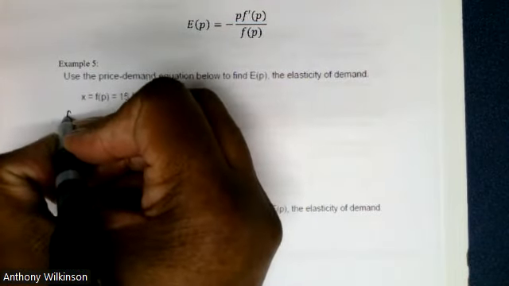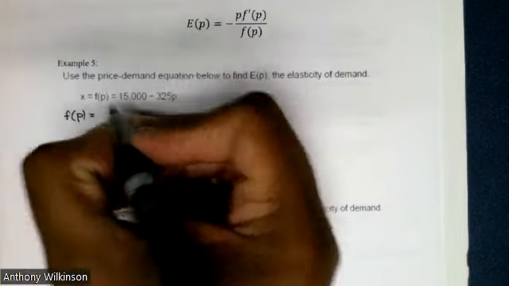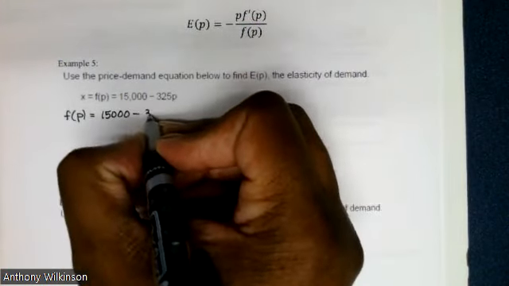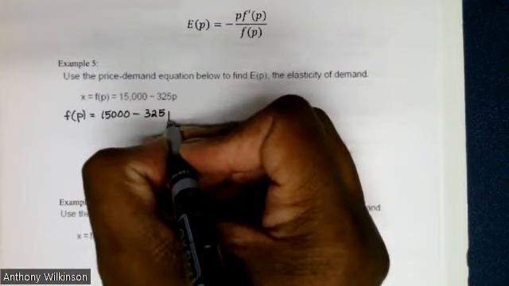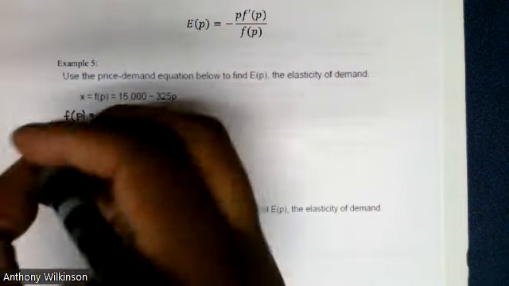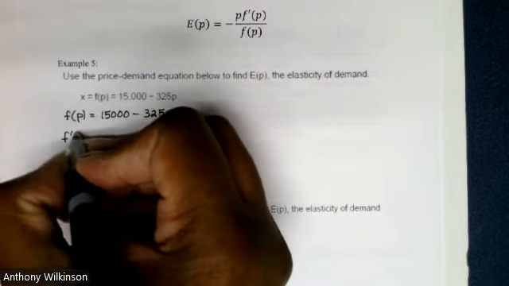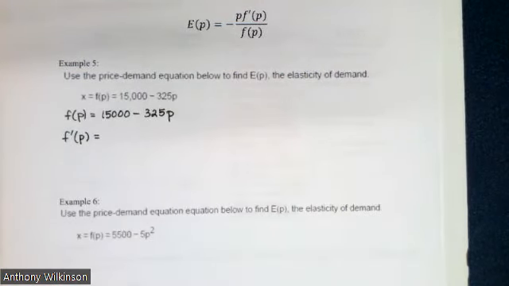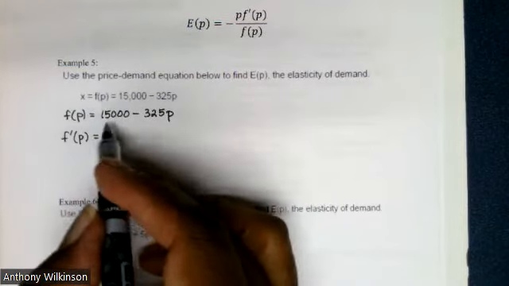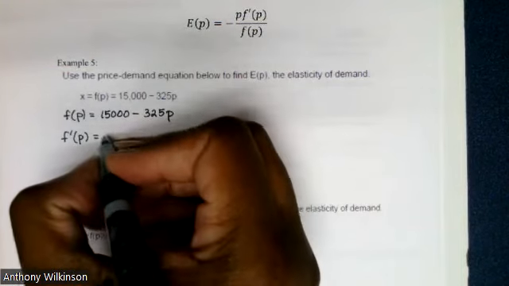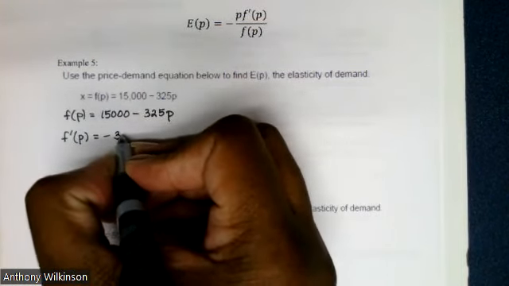So I'm just going to write this first as f of p, which is 15,000 minus 325p. So that's f of p. Now let's find its derivative. f prime of p is going to be this. All right, 15,000, its derivative will be 0. But negative 325p, its derivative will just simply be negative 325.